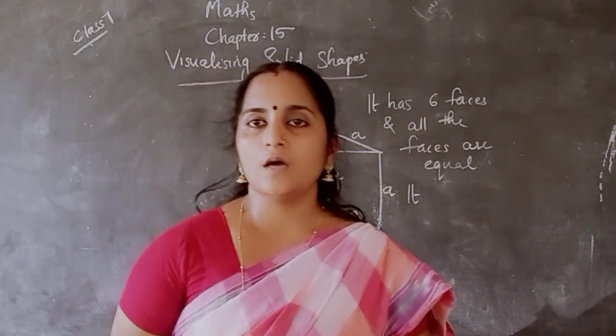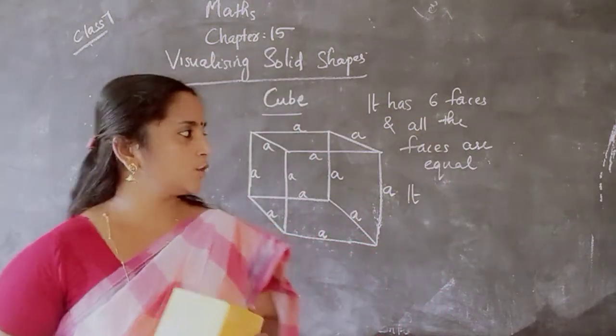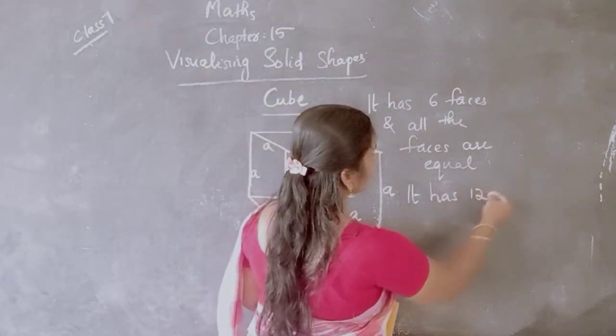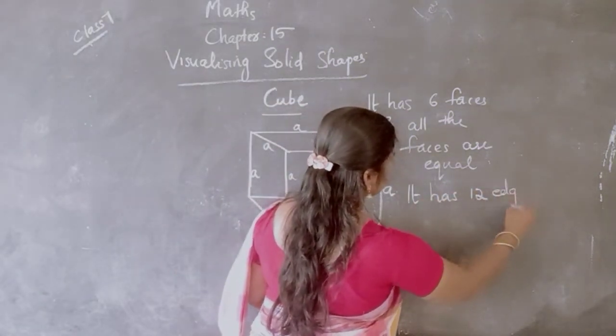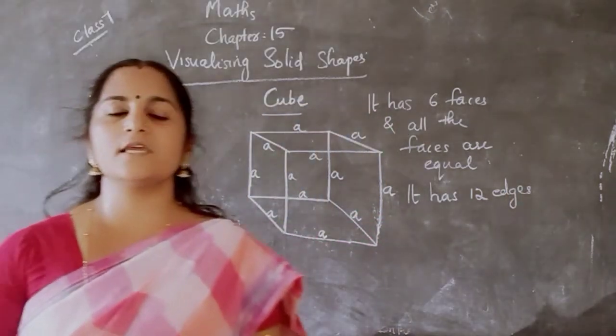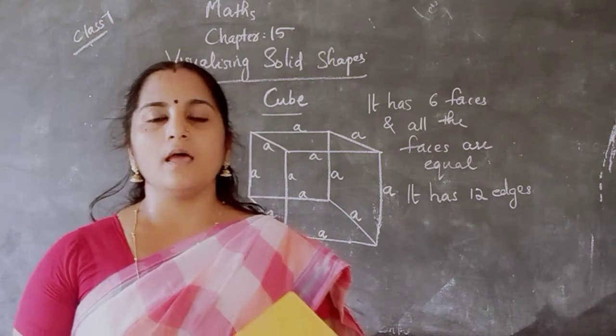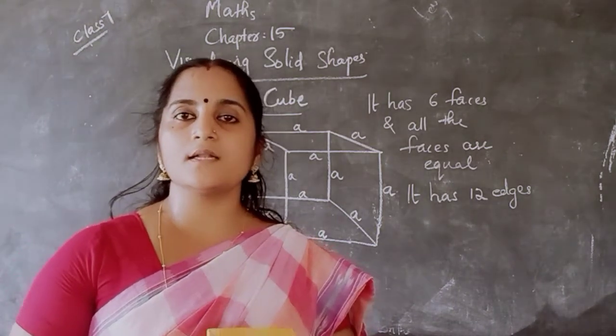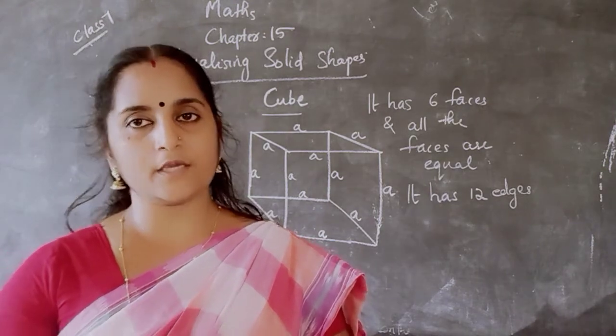Here also 12 edges are there. And how many faces? 6 faces are there. And can you say what is the total surface area of a cube?